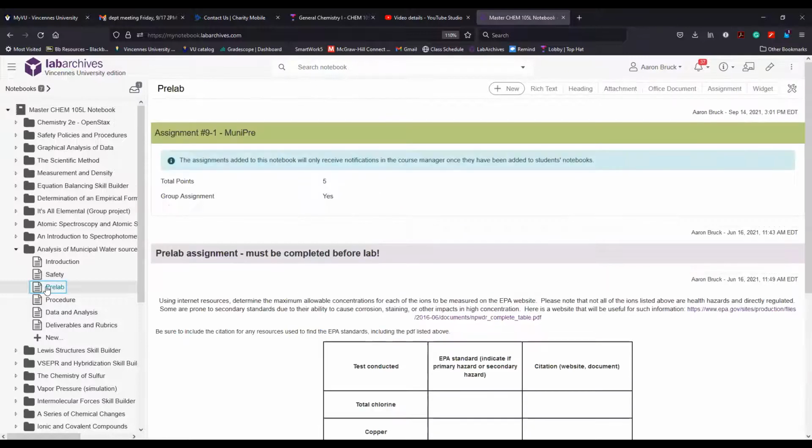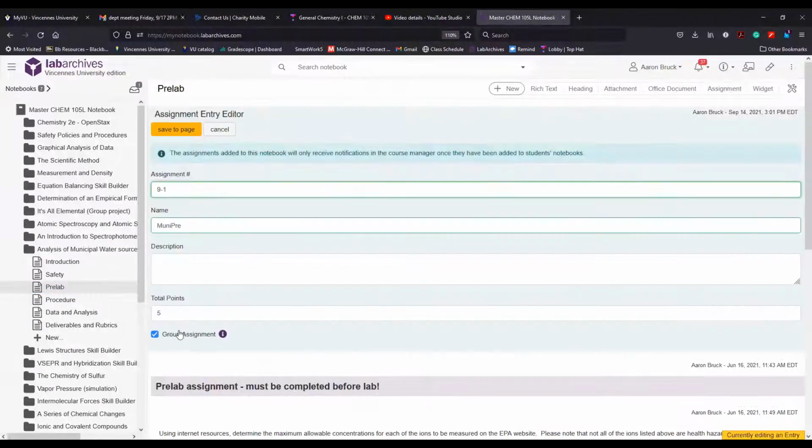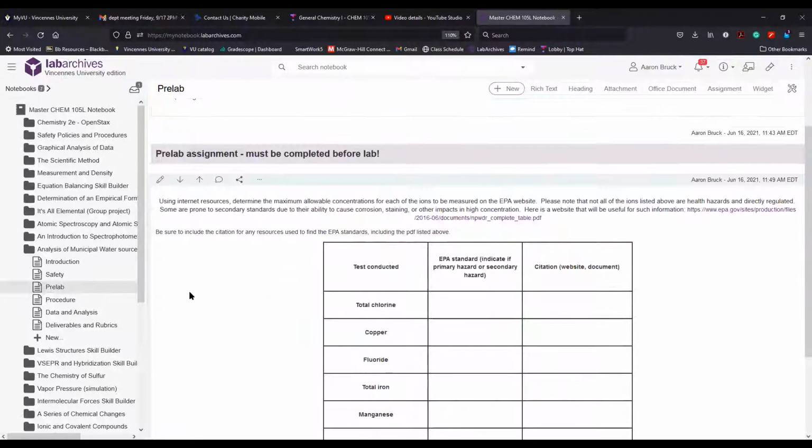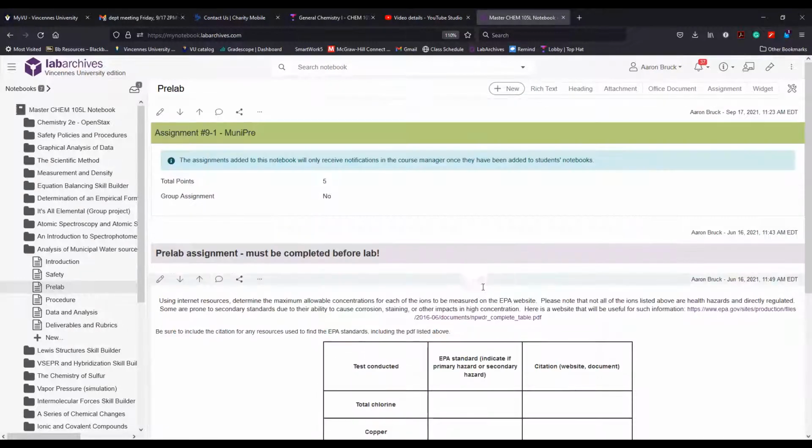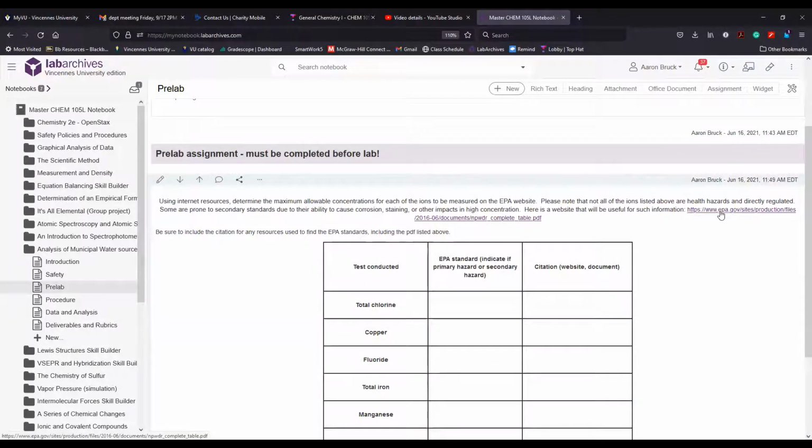For your pre-lab, you're going to have to do some of the initial research. This is a pre-lab assignment that's relatively easy to do. It is not a group assignment, though. All you're going to need to do, and this particular website has everything that you need in it, is go to this website.